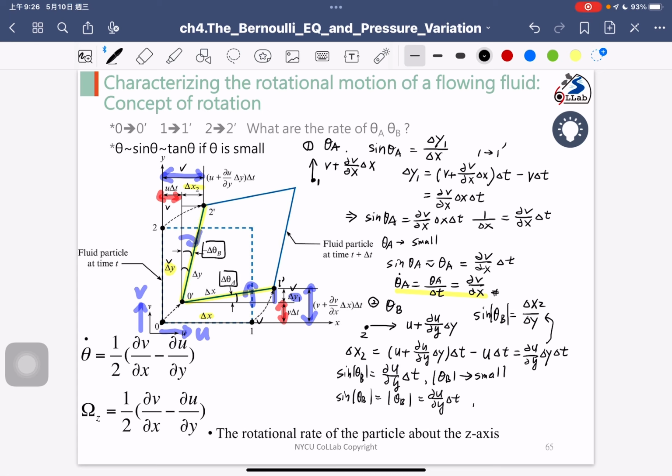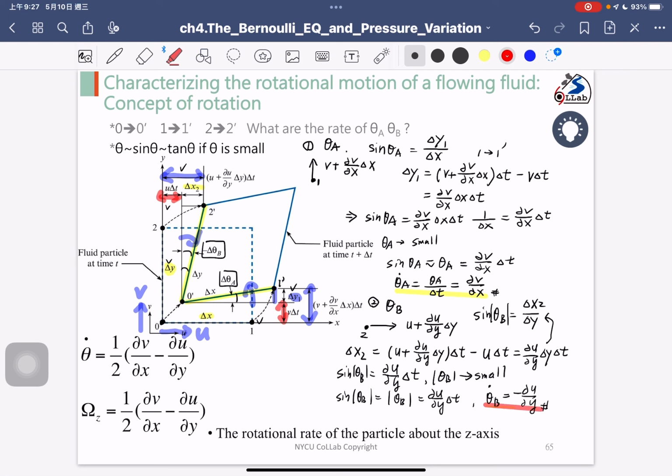And finally, for the theta b rate, here I don't use the absolute value because I know the angle is negative. So I have an additional minus here, and that gives minus du dy. So this is our other answer. Why does delta t disappear?